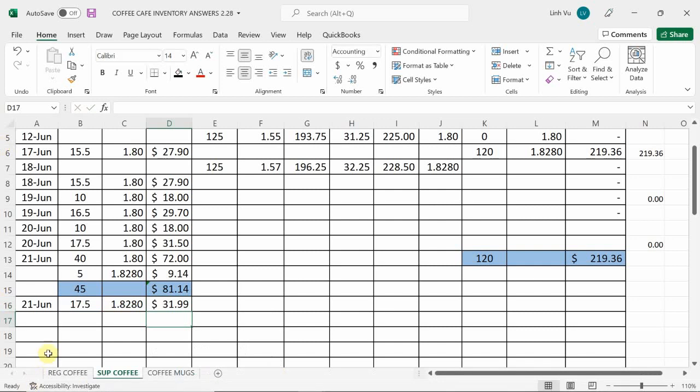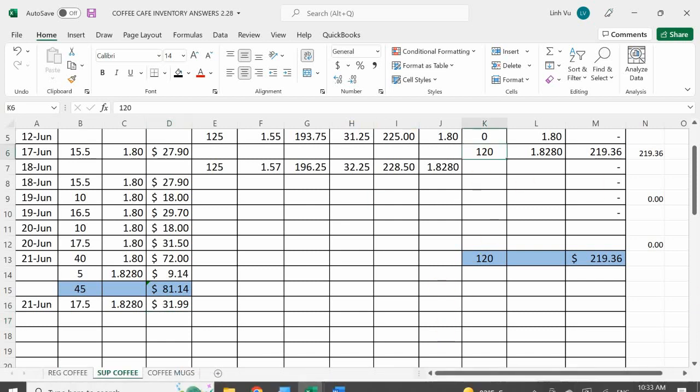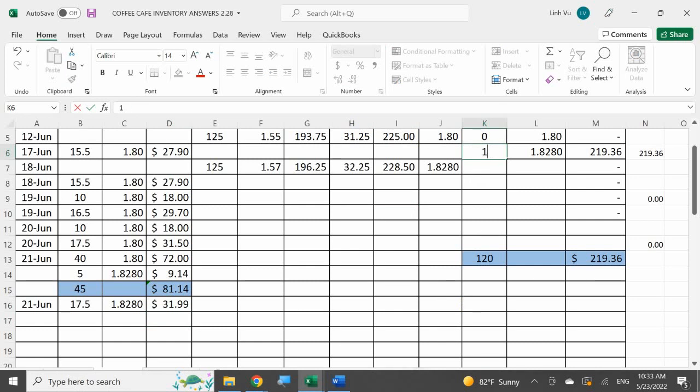Okay, $31.99. So now I need to subtract it out because I no longer have this anymore. So I have to take it out from my 120. So 120 minus 17. Don't forget that half pound.